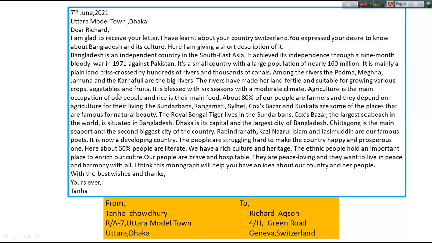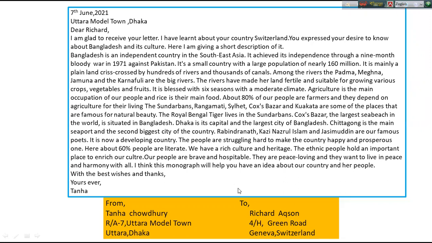Among the rivers, the Padma, Meghna, Jamuna, and Karnafuli are the big rivers. The rivers have made her land fertile and suitable for growing various crops, vegetables, and fruits. It is blessed with 6 seasons with a moderate climate. Agriculture is the main occupation of our people, and rice is their main food.